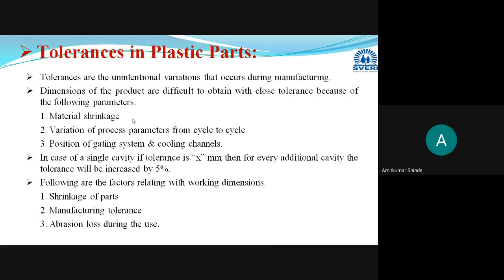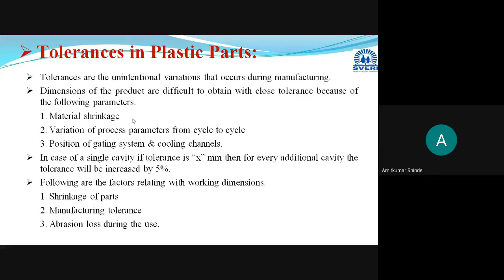some shrinkage will occur. And due to that, what will happen? You will not get the desired dimensions. You will end up with some unintentional variation in the final dimension of the final product, and whichever variation you are considering, the part is acceptable.